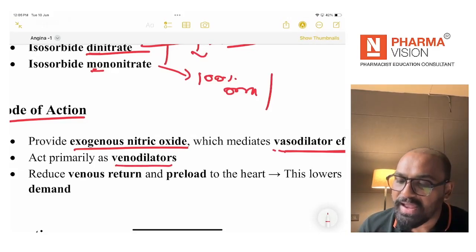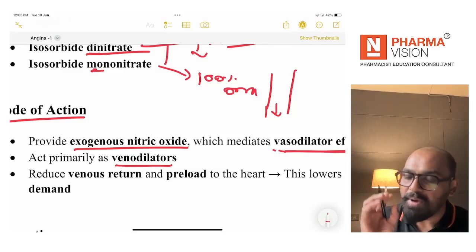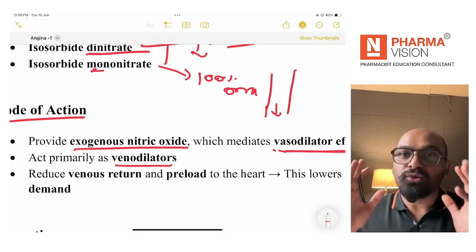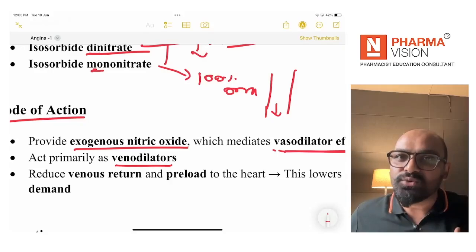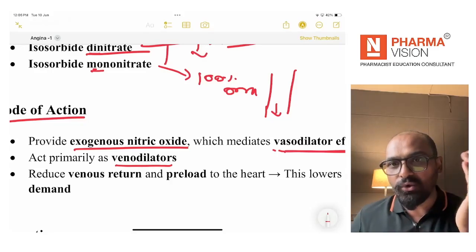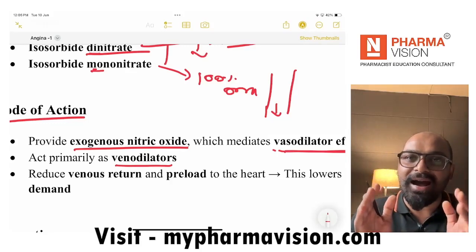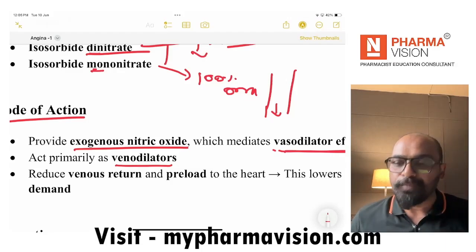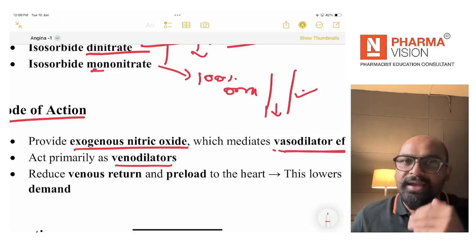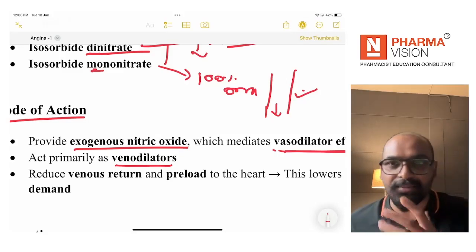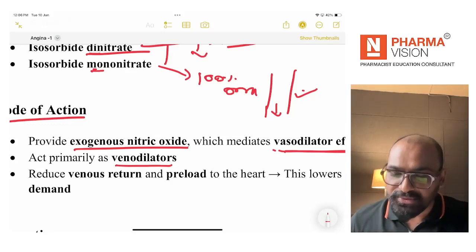That means the capacitance veins are going to be dilated, so fluid is going to accumulate in the peripheral system, and that's why the preload is reduced. Less fluid comes to the heart, so the heart requires less energy for pumping. That is one point. The second is dilation of the coronary vessels, which improves the blood supply to the myocardial muscles. These are the two primary objectives of nitrates.